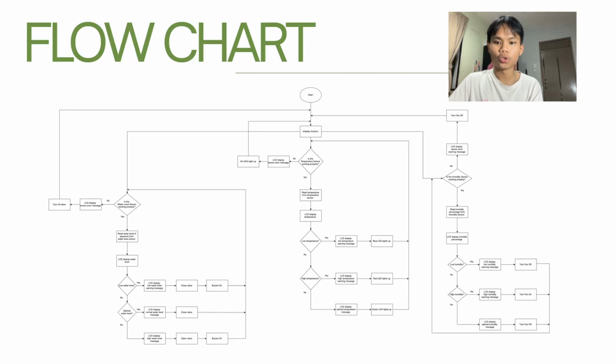Next, we go through the flowchart. This is the main flowchart, which is a combination of 3 different functions. To summarize, this system continuously runs an Arduino to monitor 3 key elements. It first checks the temperature, displaying warnings with colored LEDs, blue for cold, red for hot, or green LED for optimal range.